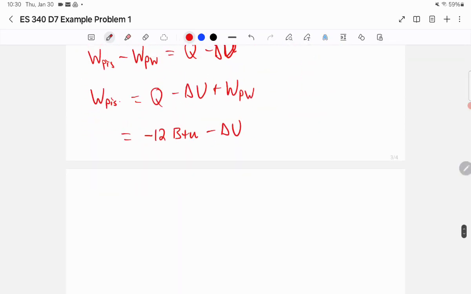So this is going to, oh, we already took care of that sign, sorry. So this is going to be plus 1 BTU. Okay, so we've taken care of all of our signs now. And that means that the work done by the piston is minus 11 BTU minus delta U.